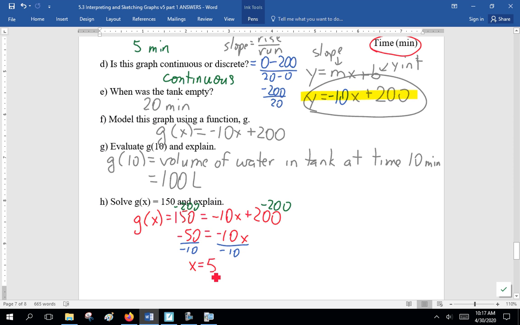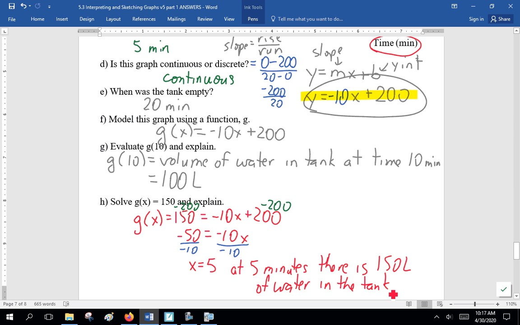So I got 5. So at 5 minutes, there is 150 liters of water in the tank. Notice how it's much easier to say g of 5 is 150 rather than write out the sentence.